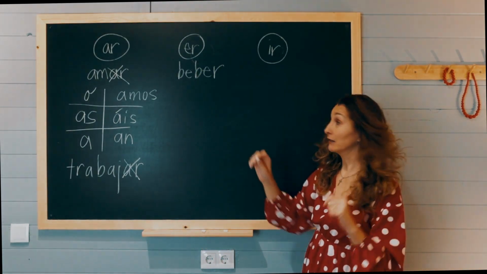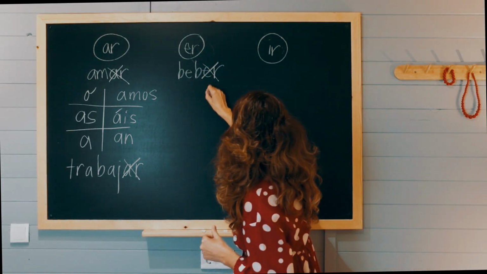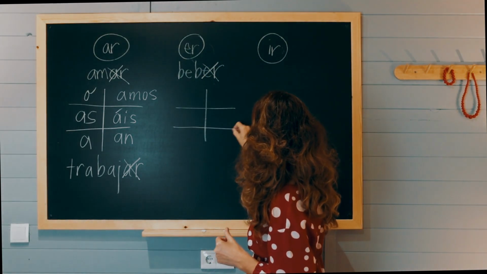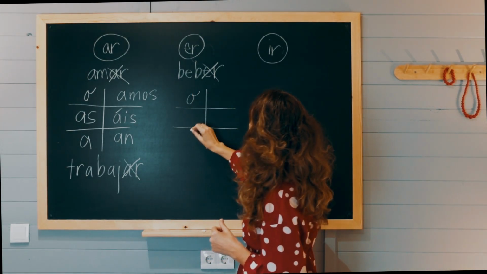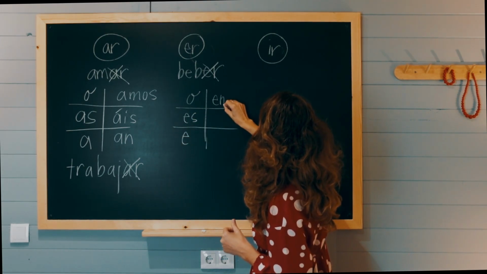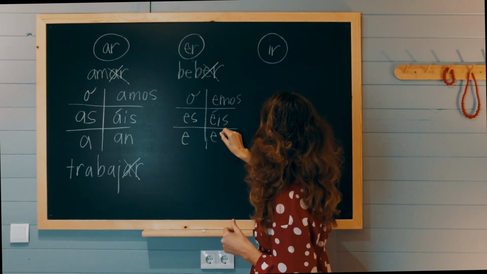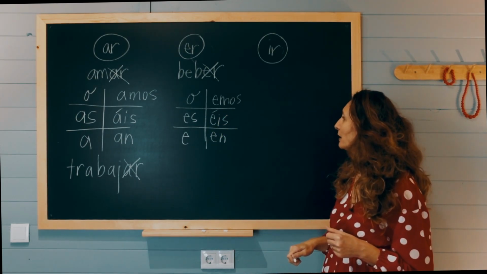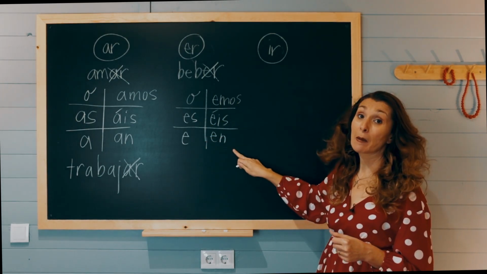Again, we get rid of this ending, and the new endings for beber in the present tense are bebo, bebes, bebe, bebemos, bebéis, beben. Okay? Bebo, bebes, bebe, bebemos, bebéis, beben.